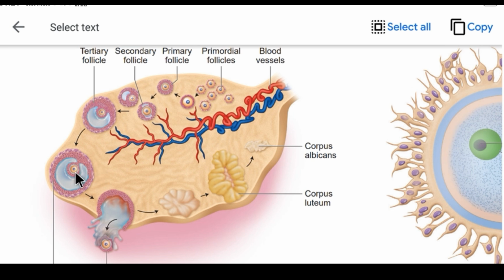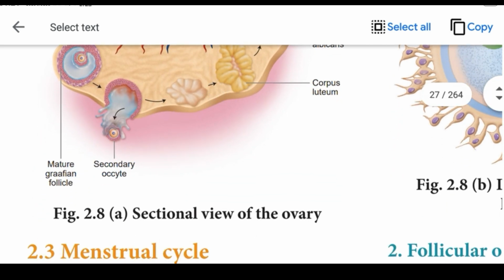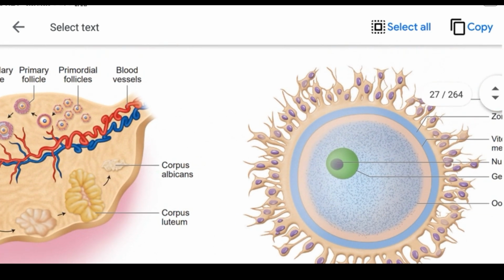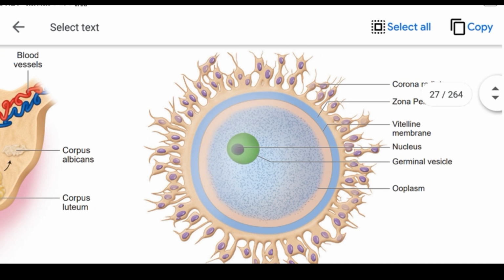The Graafian follicle has inside it a secondary oocyte. The oocyte is released. This oocyte is called the ovum. The structure of the oocyte is here.